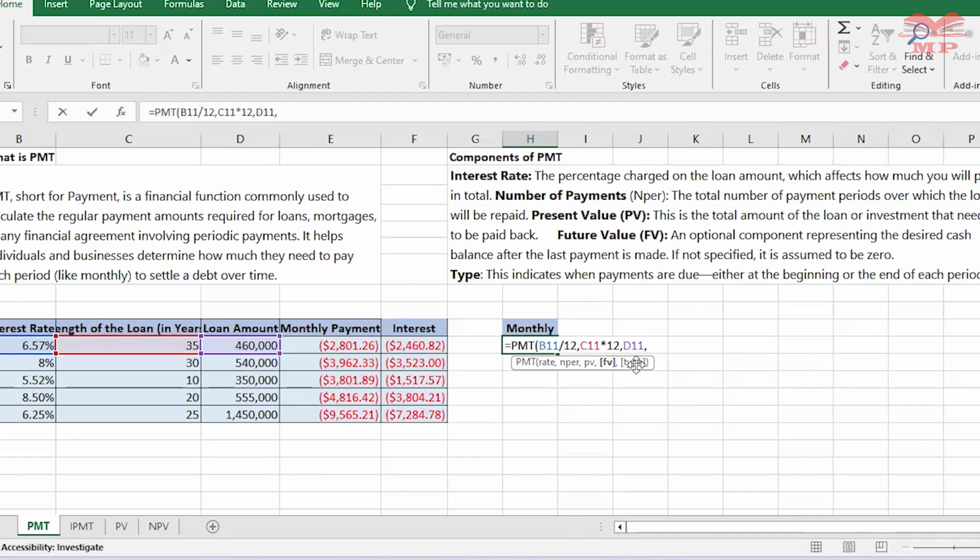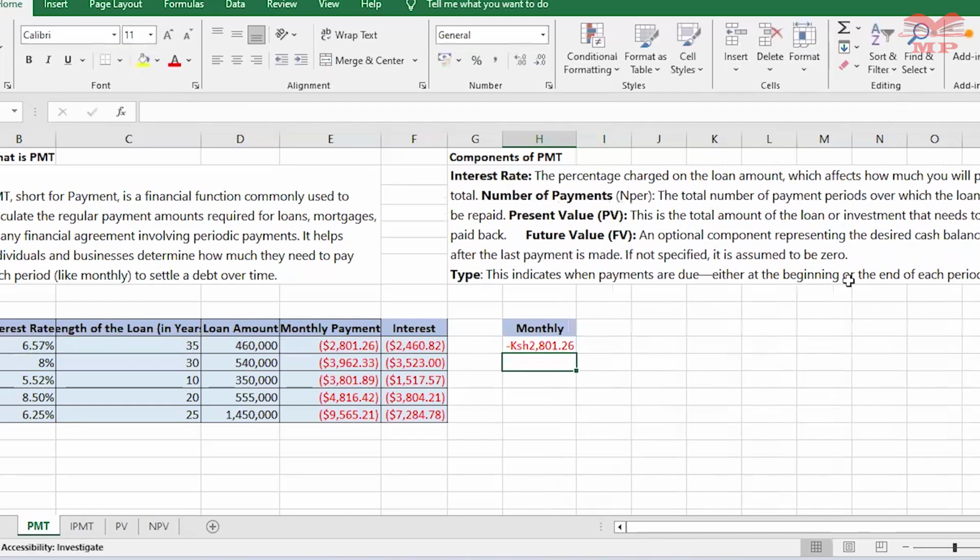And we have said for most cases, you pay at the end of the month. So we will not enter anything for that section. And future value is an optional component representing the desired cash balance after the last payment is made. We do not want to have any balance at the end of the period. So we will leave it at 0 in this case. There are instances where we will put some numbers there, but it's a calculation for another day.